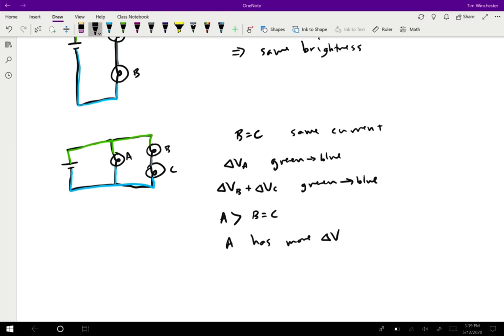We had to figure out that A was brighter because it has more potential difference, and then from that you could conclude that A gets more of the current than B gets. But that is not something that you can tell until you actually go through the reasoning.